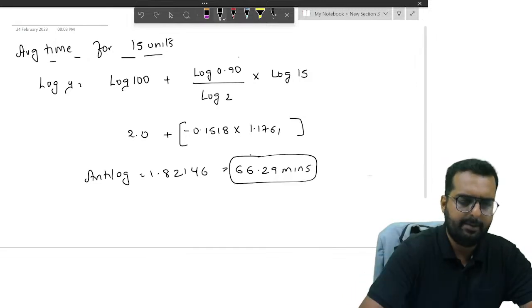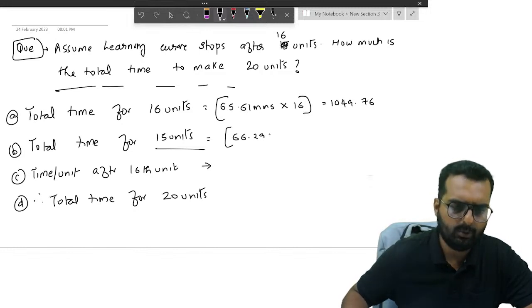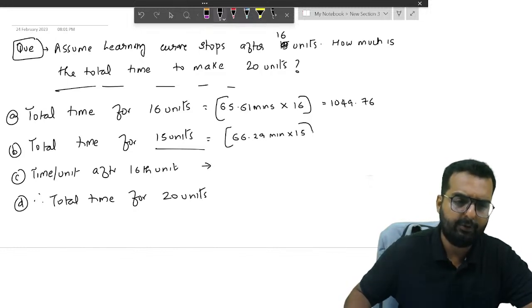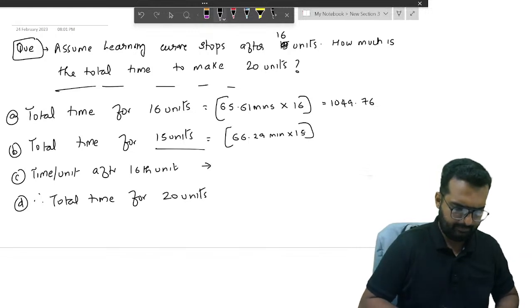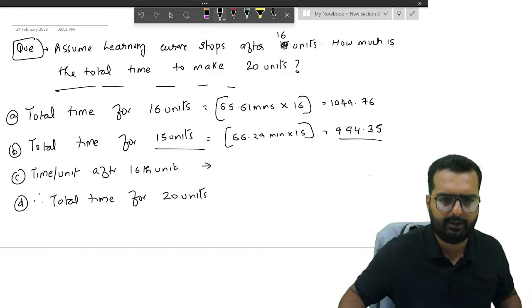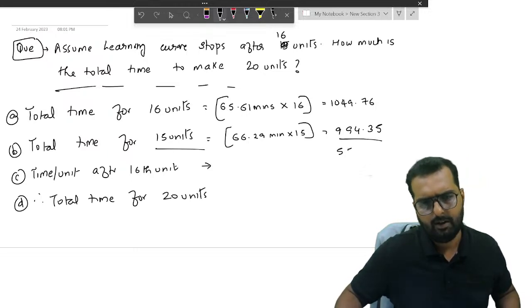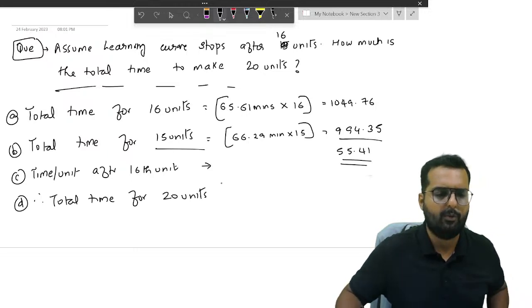Once I get this time, I'll come back over here. 66.29 minutes into 15 units, I get the total time as 994.35. So, what is my time taken for the 16th unit? It will be 55.41.